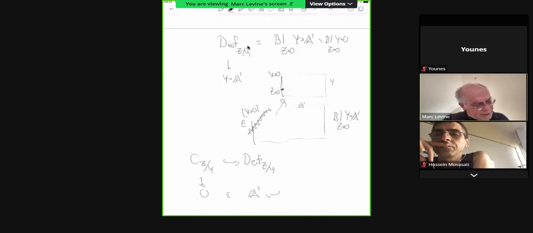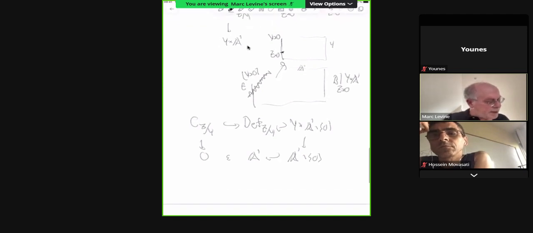And if you look at it on the complement A1 minus 0, it's just Y cross A1 minus 0. Okay, and this cone as a scheme has the ideal sheaf just T, where this A1 is spec K[T], the parameter on there.